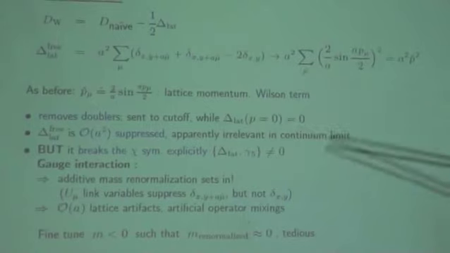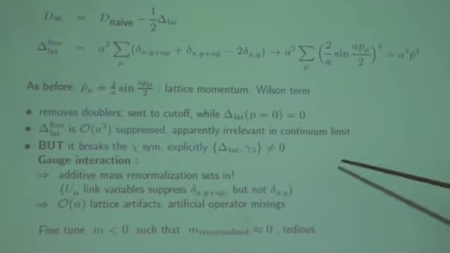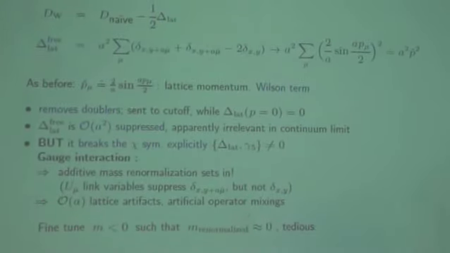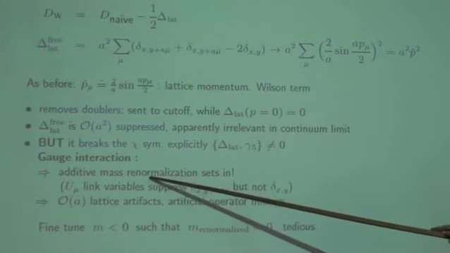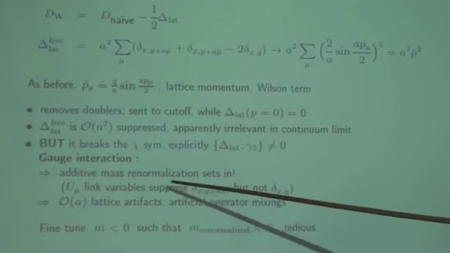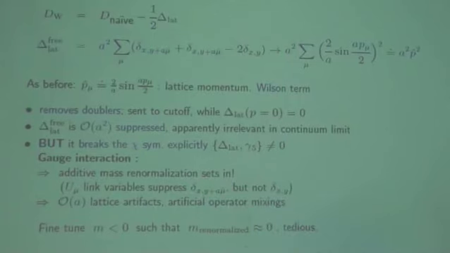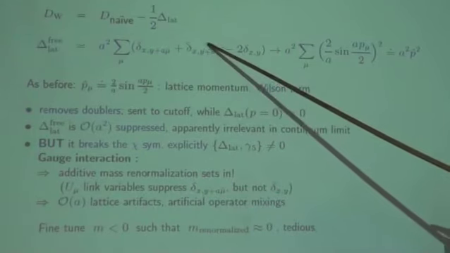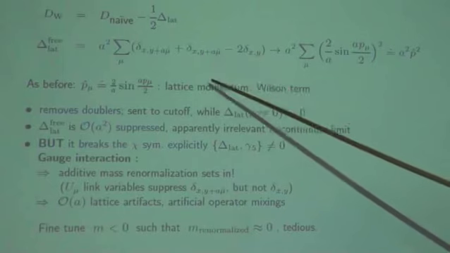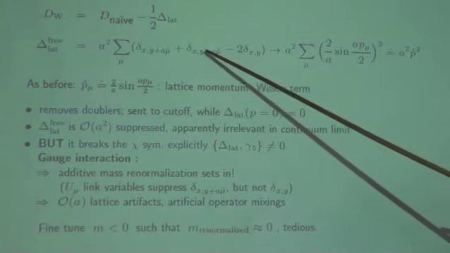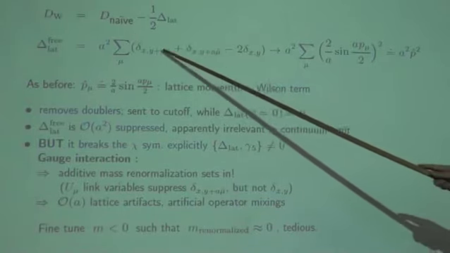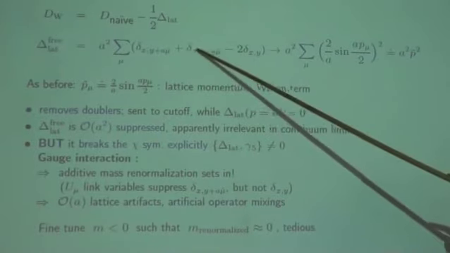Nevertheless, this has been used a lot in simulations and is still being used. But it has problems. First of all, the quark mass is not protected against additive renormalization anymore. And actually you can see this from here. This is the free case. If you go to the interacting case, then these deltas here are replaced by the link variables. They are suppressed.